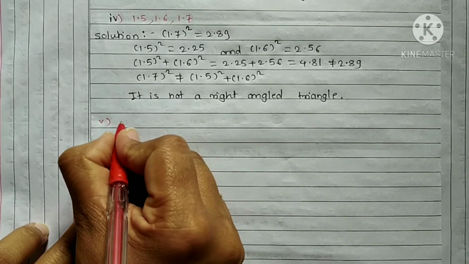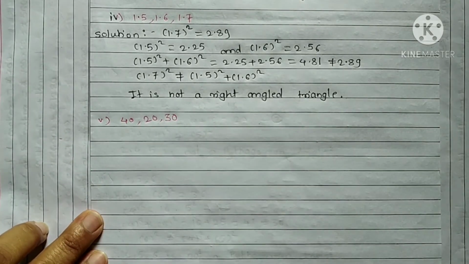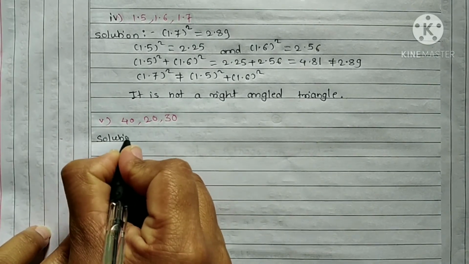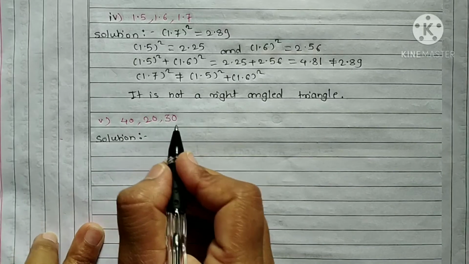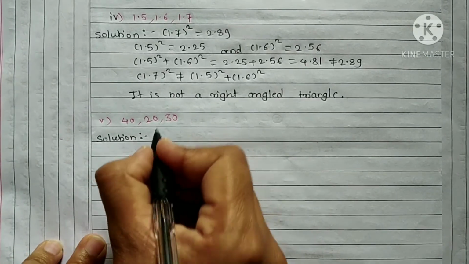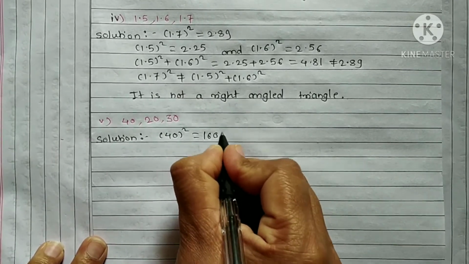Last one is 40, 20 and 30. Let's see the solution. First check whether this triplet is a Pythagorean triplet or not. Here the biggest number is 40, so 40 square is 1600.